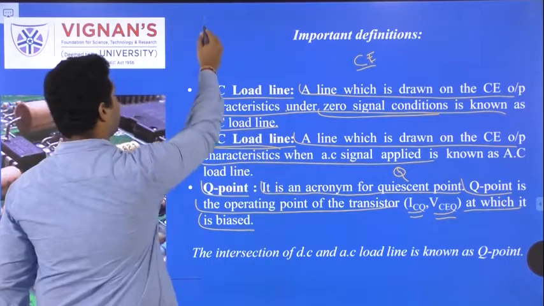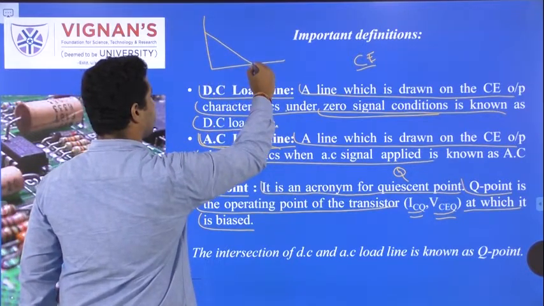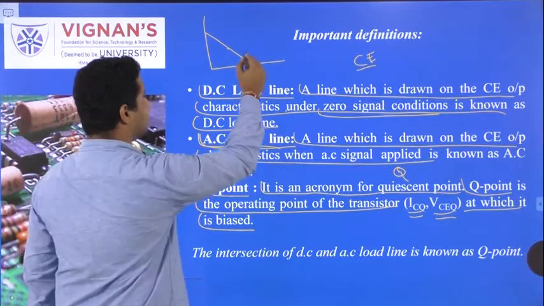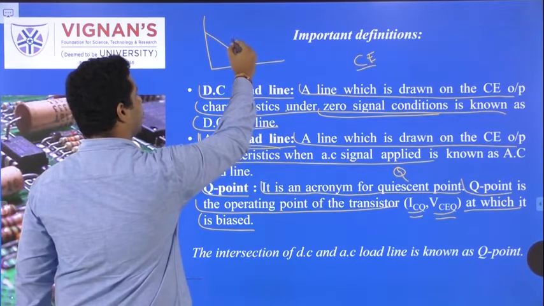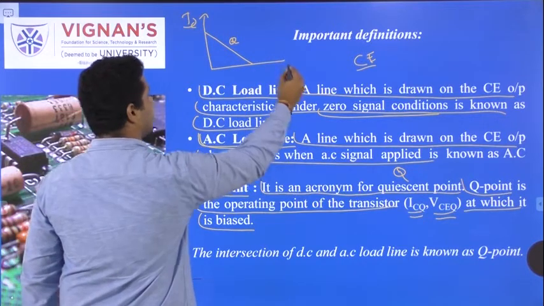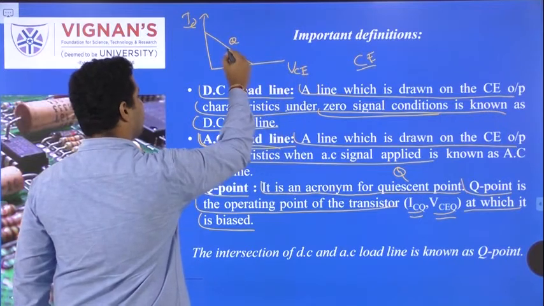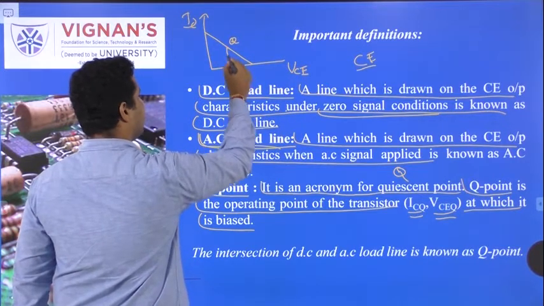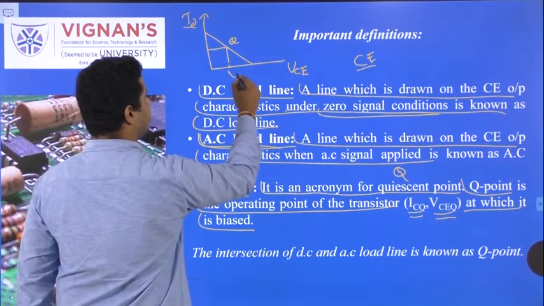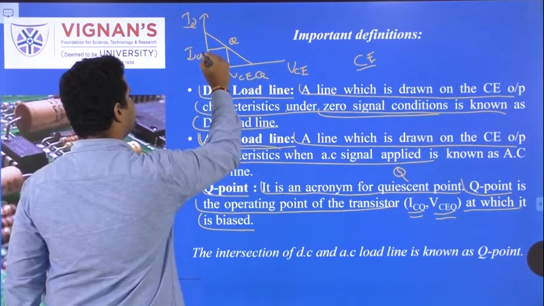So when you are drawing the characteristics, if this is your load line, and I am taking the Q point in the middle of the load line, this is collector current, this is your VCE voltage, the output voltage. The Q point will have the coordinates like this will be your VCEQ, and this is the ICQ.